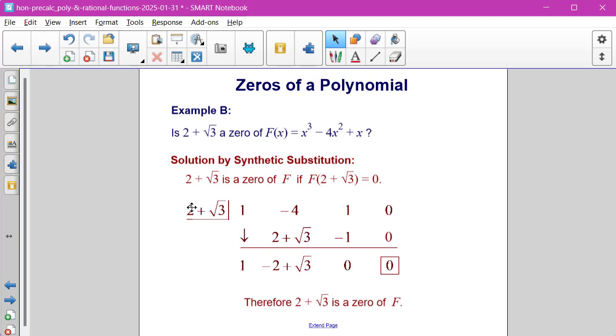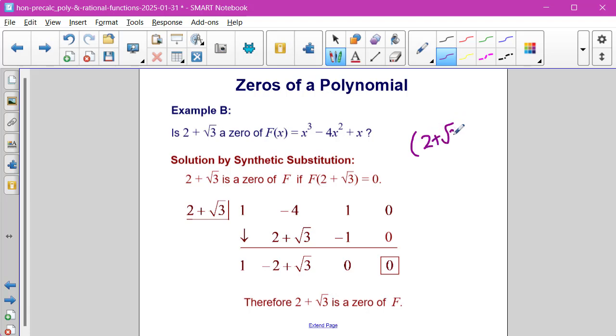And then if we multiply these two together, it ends up being negative 1, and here's how. You're going to have 2 plus root 3 times negative 2 plus root 3. You get negative 4 plus 2 root 3 minus 2 root 3.